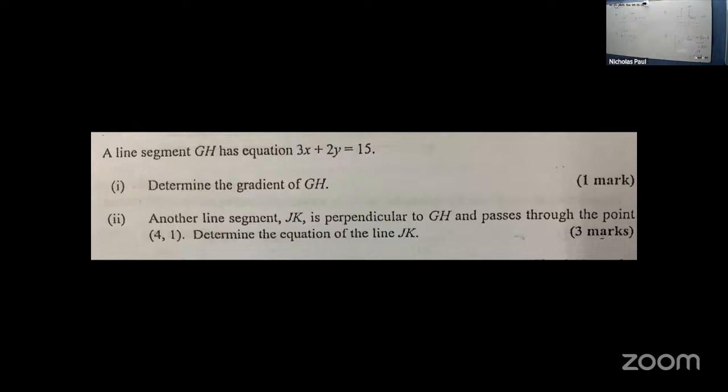Take that equation, 3x plus 2y equal to 15. Put it in the form y is mx plus c.